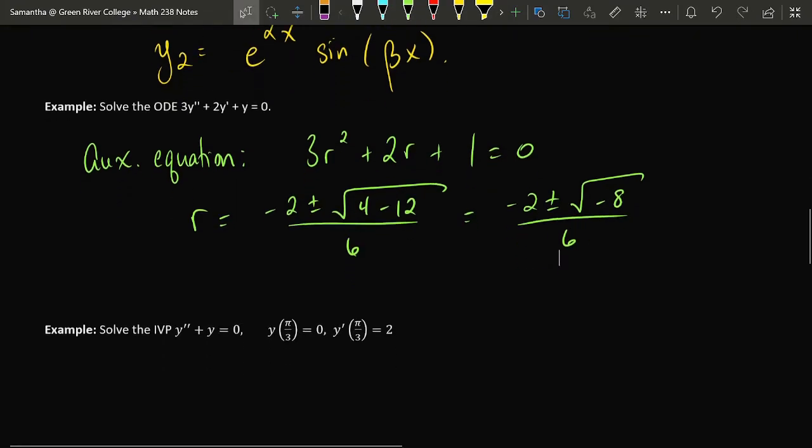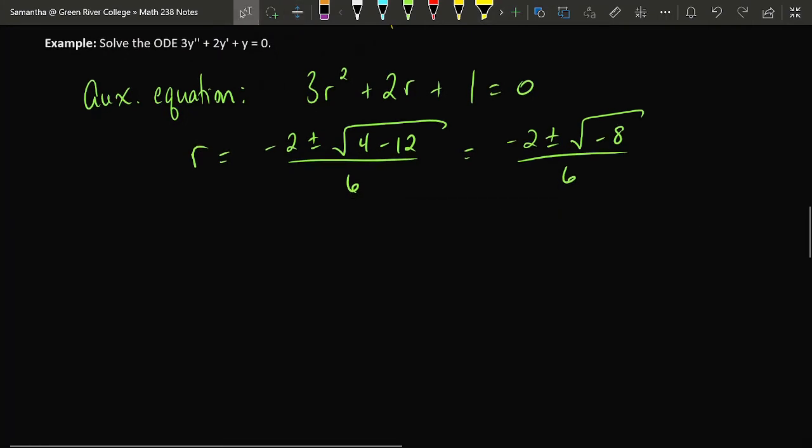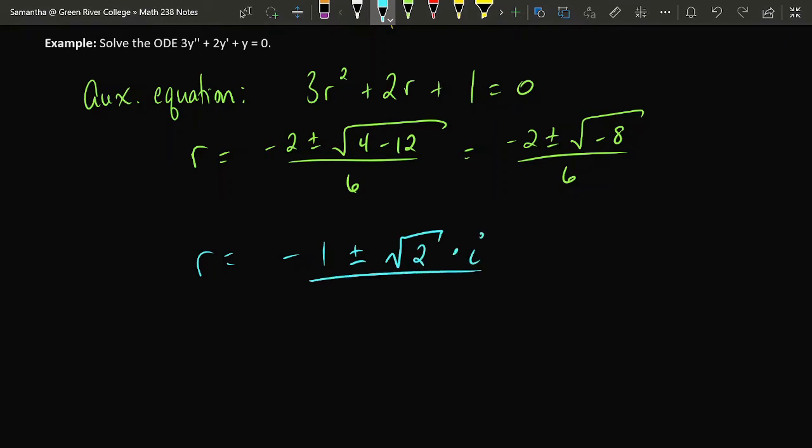Now, because we have a negative 8 under the square root, this quantity is going to be complex. The values of r will be equal to, after simplification, negative 1 plus or minus the square root of 2 times i, over 3.